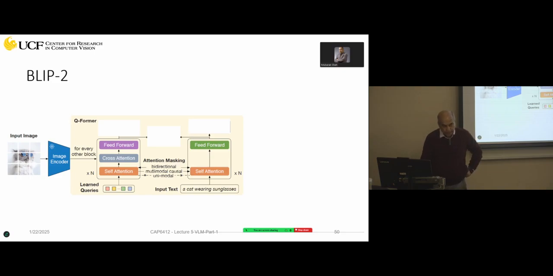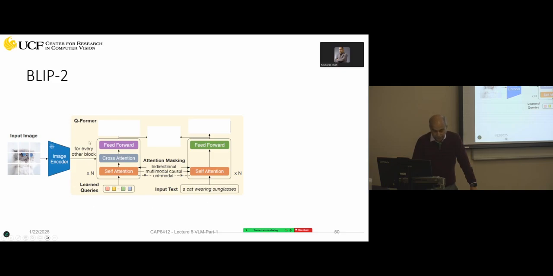That's the idea. And after learning, they will extract the correct information from any unknown image, which is very nice. Since it's a transformer, we do self-attention, then cross-attention. Self-attention of these queries, then cross-attention with the image tokens, and then feed forward.